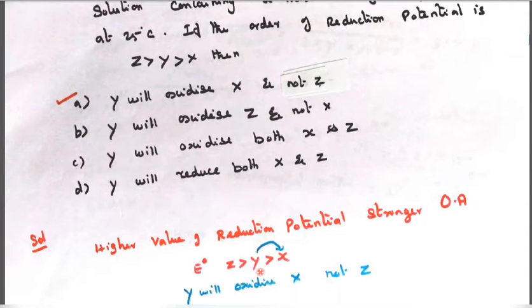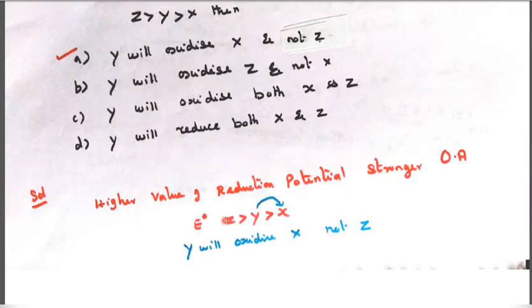The species with the higher reduction potential acts as the oxidizing agent. Here Z is highest, and Y is less than Z but greater than X. So whichever has the higher reduction potential will oxidize the other.